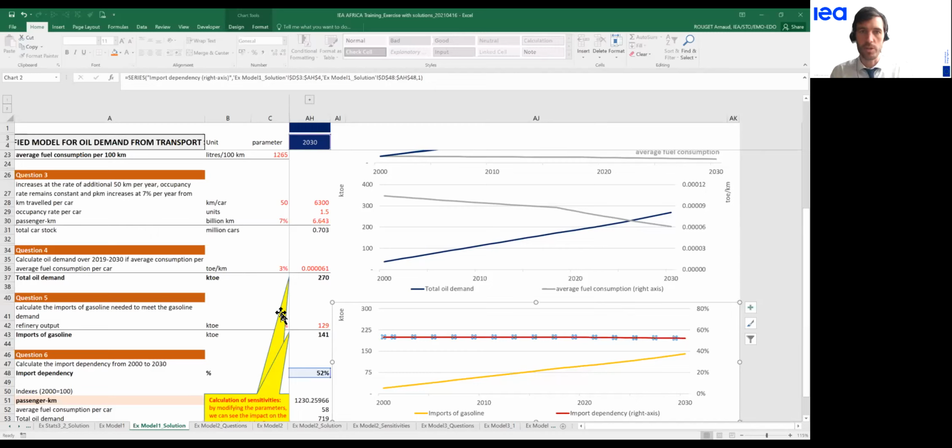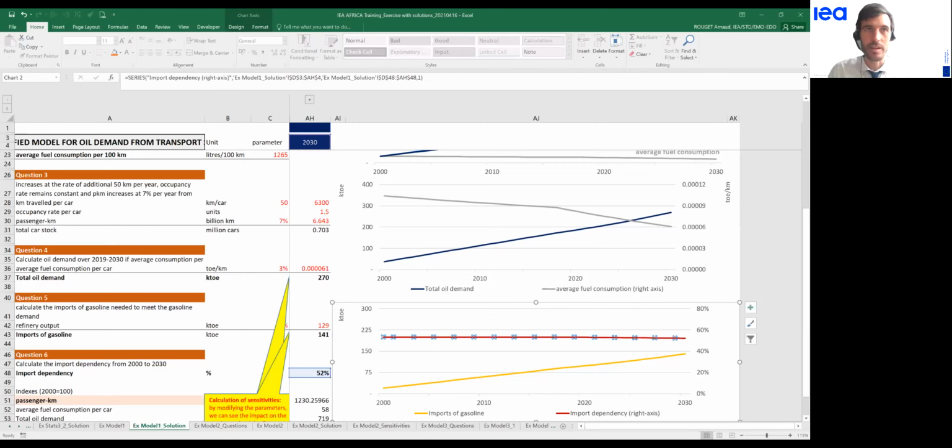Then we look at the transformation process with the refinery, and last we look at the supply of those energies with imports, or we could have looked also at the production of crude oil and what that case entails for crude oil production.